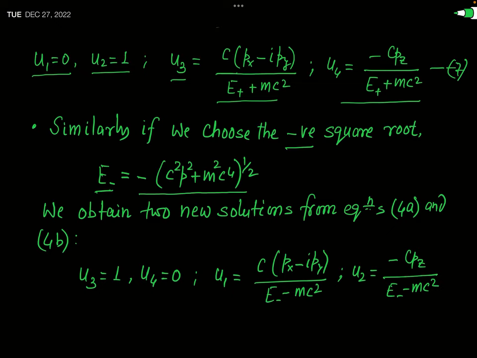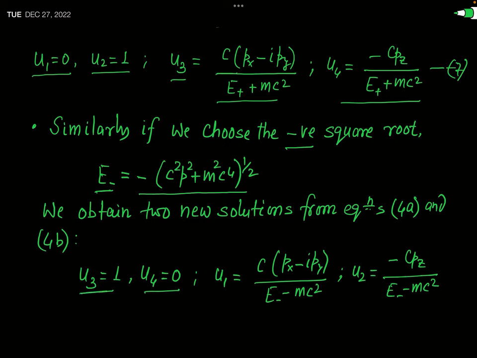Okay. Now again to obtain the two new solutions from the equations in 4, we will now substitute u3 equal to 1 and u4 equal to 0 arbitrarily.